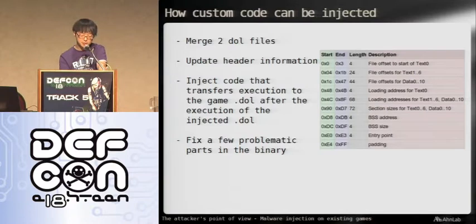And after the homebrew finishes running, the execution will be transferred to the game, which requires a small jump patch in the executable code. And there's also a place in the homebrew that causes problems. So after making those last fixes, all you have to do is pack it back neatly into a game ISO file and distribute it to the public using torrents or P2P or whatever you like.